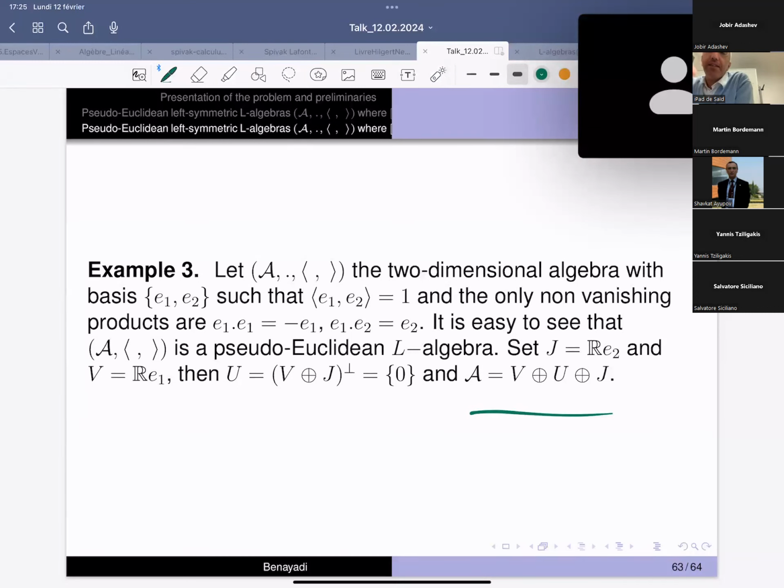of Lie algebras in dimension 4 or 5. But the difficulty is to classify pseudo-Euclidean ones.